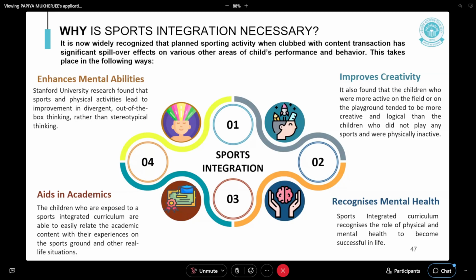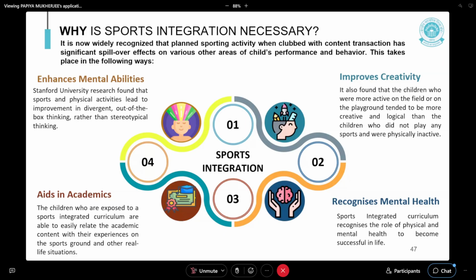It improves the creativity. Children were found more active on the field, who were physically more active, had more of creative and logical thinking than those students who did not play, who did not participate in sports, and were physically inactive.